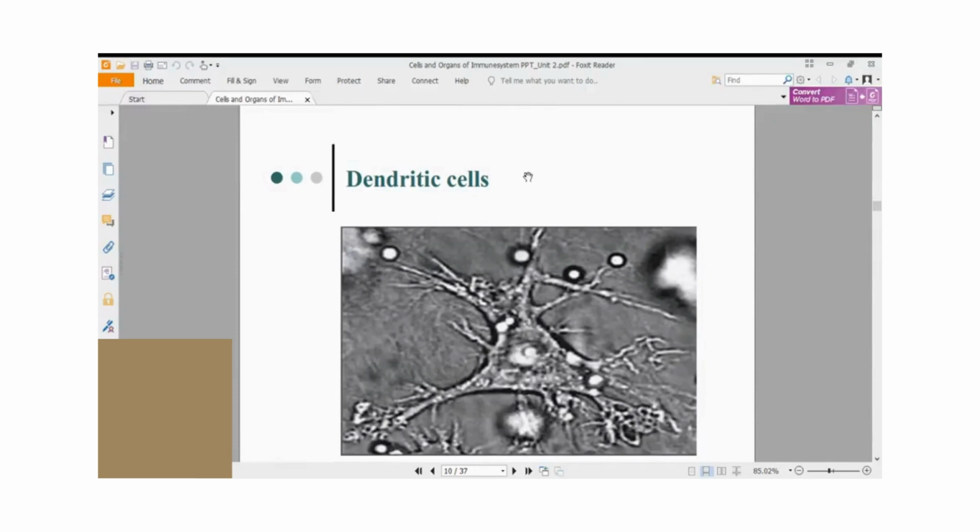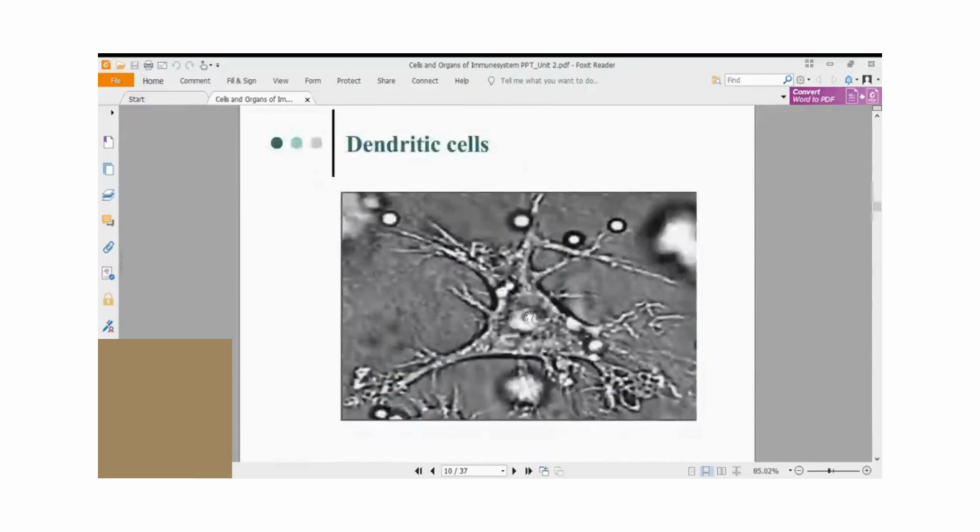And since they resemble the nerve cell in structure with dendrites (nerve cells have projections on their surfaces as nerve fibers, and those are called dendrites), the resemblance is to the nerve cells and to the dendrites. Therefore, they got the name dendritic cells.